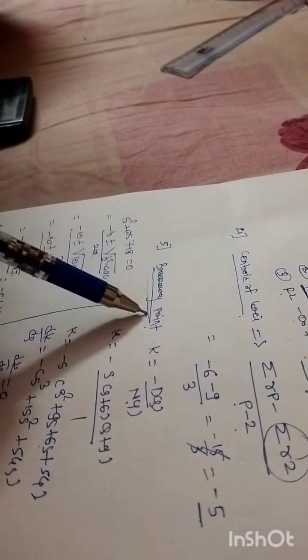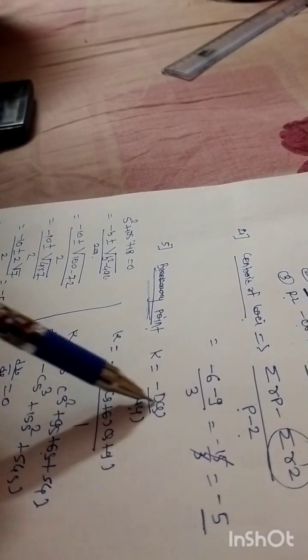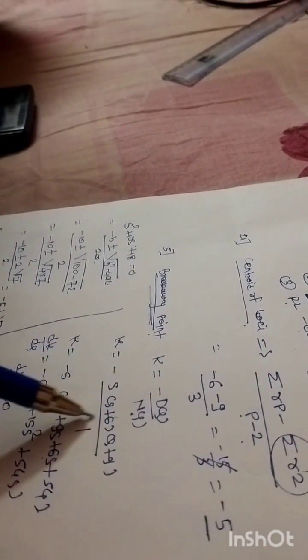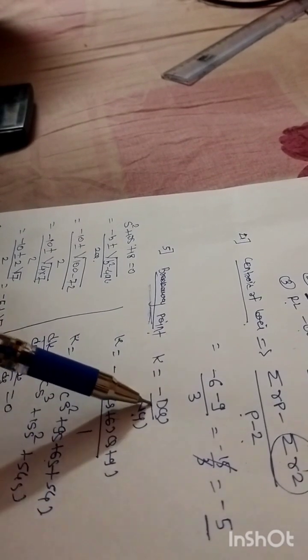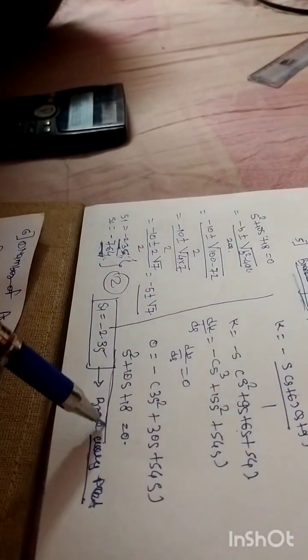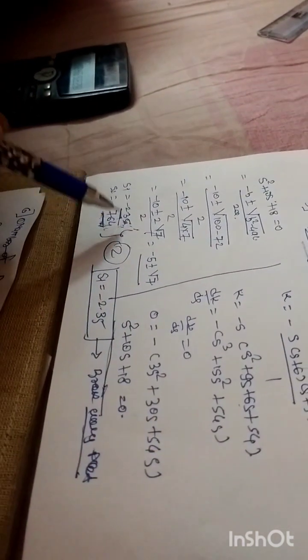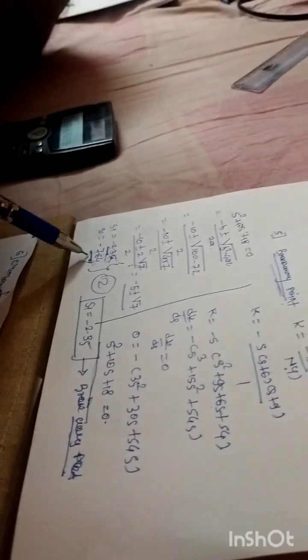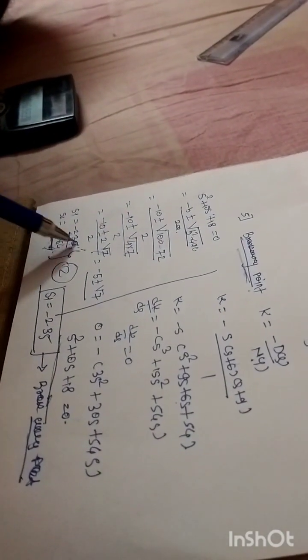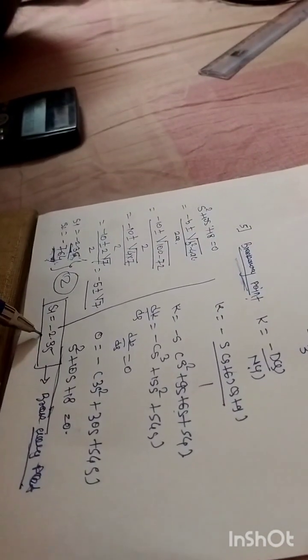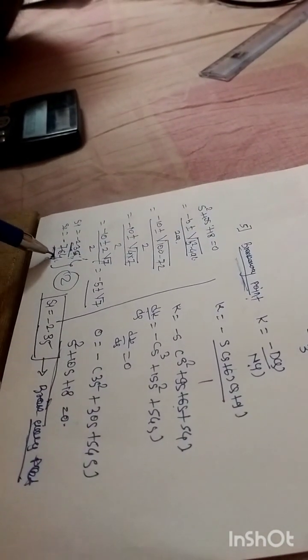After that, this breakaway point is tabulated. This is the standard relation to determine the breakaway point, right? When we declare this denominator polynomial and numerator polynomial, we get a quadratic equation. That quadratic equation is solved, and we get these two roots, -2.35 and -7.64. Out of these two roots, we need to decide one valid root.